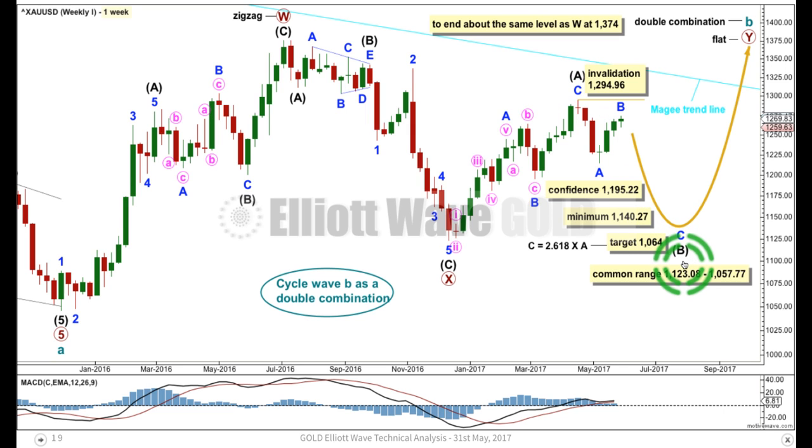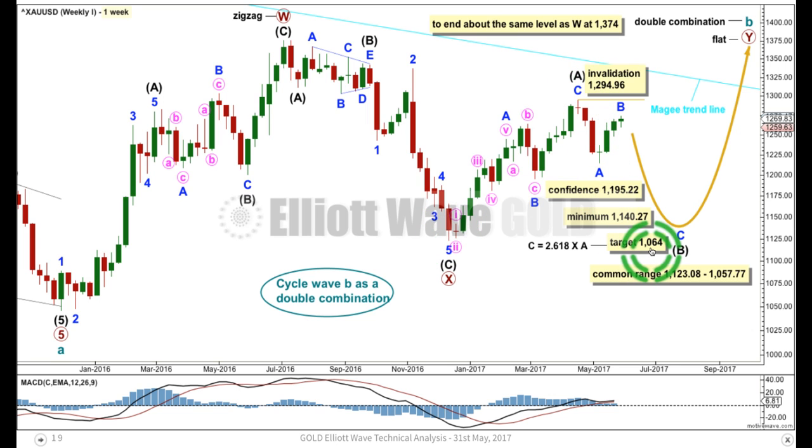The most common structure for a B wave within a flat is a single or multiple zigzag, and so far this looks like a good 5 down, and this looks very much like a complete 3 up. If it moves any higher, it can't move beyond the start of A above 1294.96. Within the flat correction of primary Y, the minimum requirement for the B wave is 1140.27, so that it retraces a minimum 0.9 the length of the A wave.